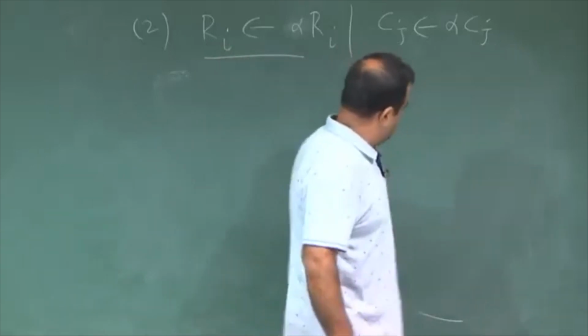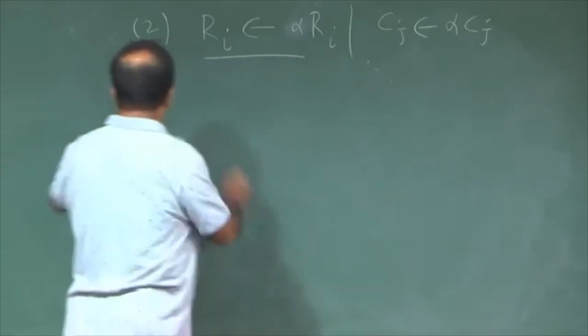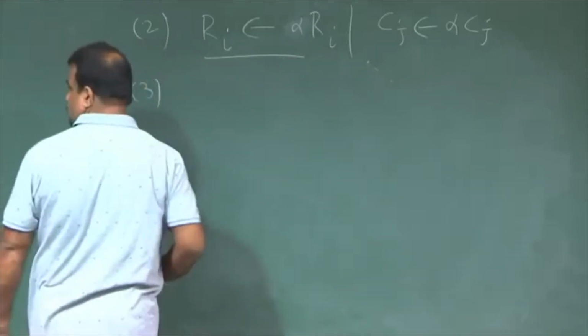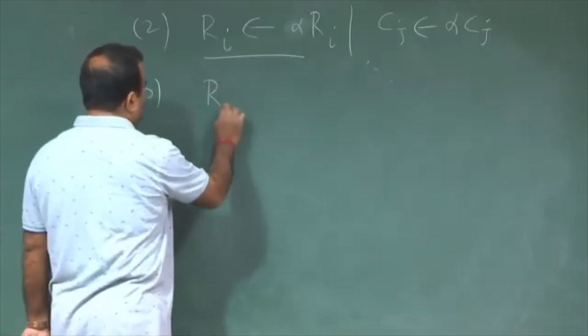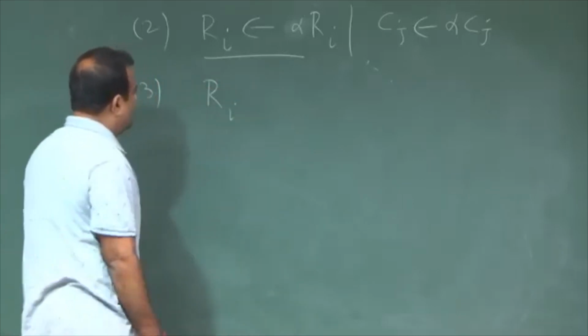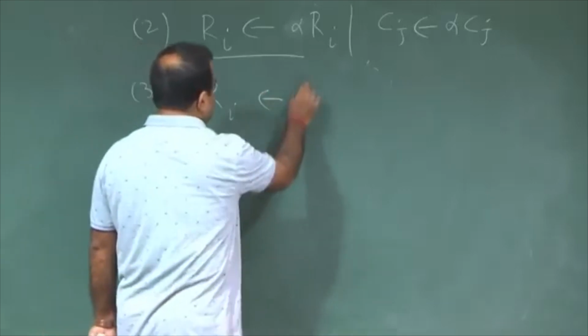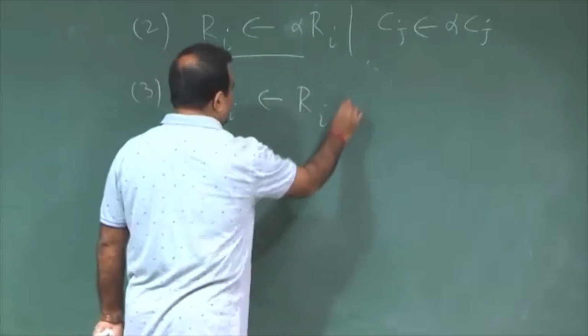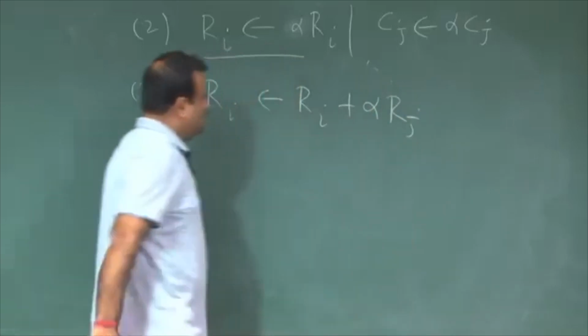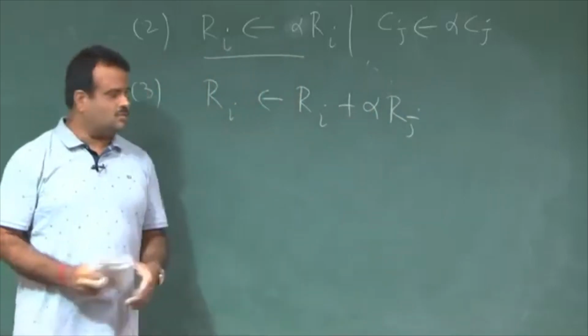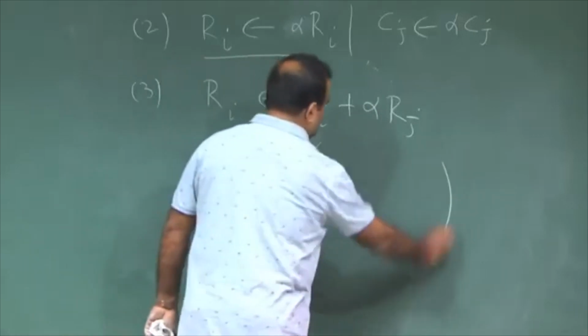And the last elementary operation is this: we have a row, say the ith row and the jth row.